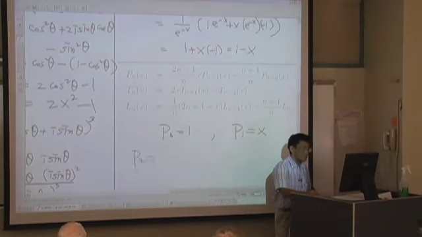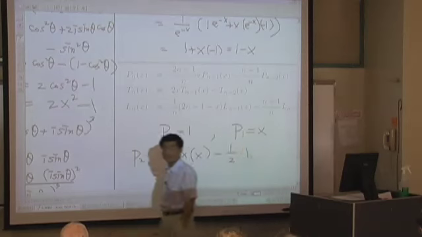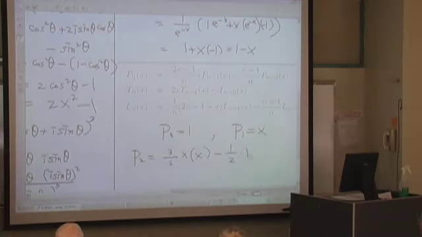P2 equals, with 2, it is 3 over 2, and then x times P1, x, minus 2 minus 1 over, right? And then P0, 1. Do you follow me? I calculated P2. But if you don't understand, ask.